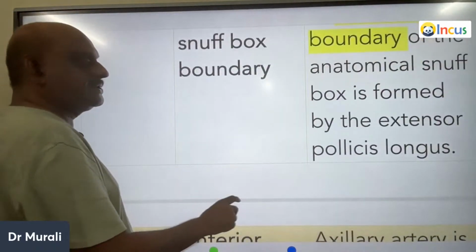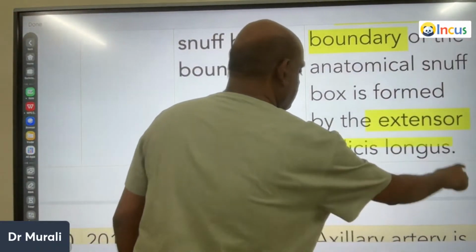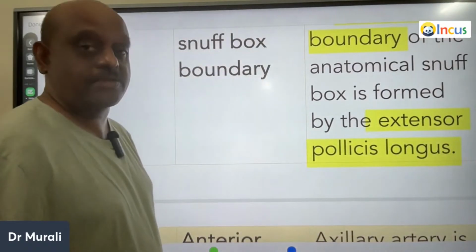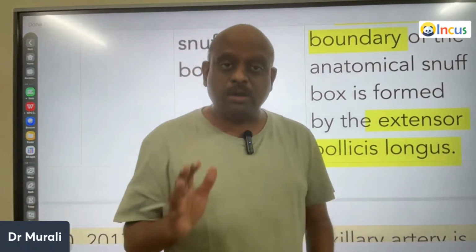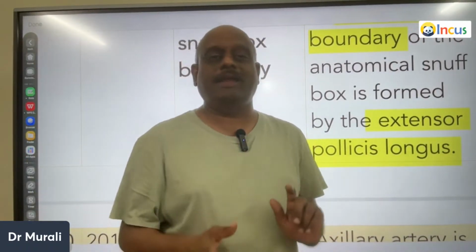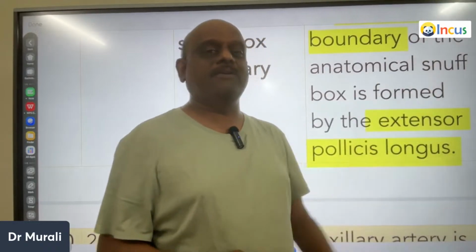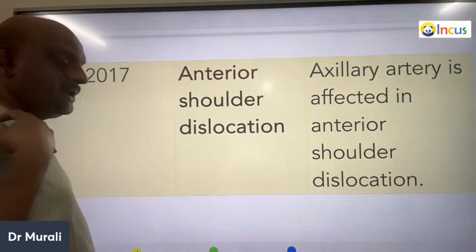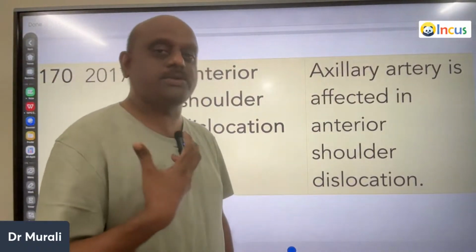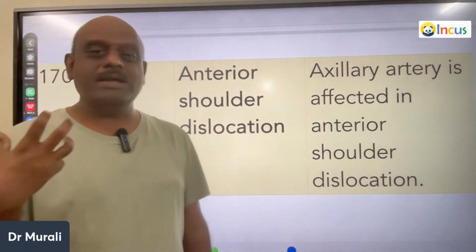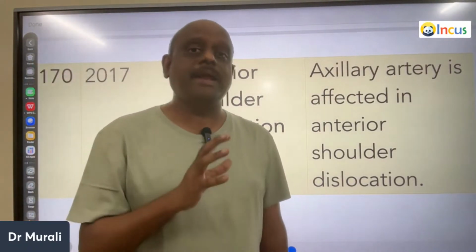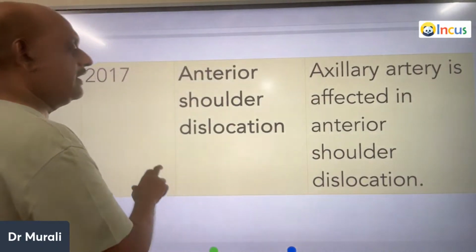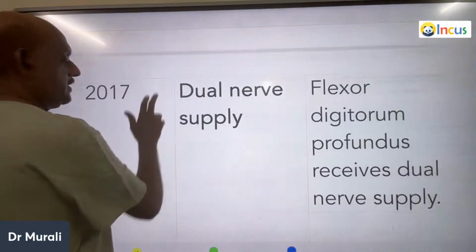It is the extensor pollicis longus, the medial boundary of the anatomical snuff box, is what you should remember. Now, whenever there is any anterior shoulder dislocation, what is the artery which is involved? Axillary artery is the one which is affected whenever anterior shoulder dislocation is there.